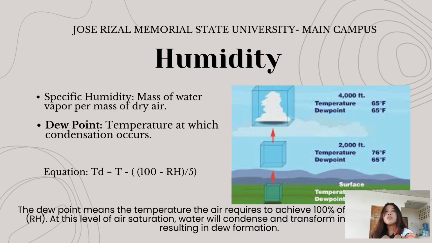The dew point is the temperature at which air becomes saturated and water condenses to form dew. So you have the formula T sub D is equal to T, or temperature, minus (100 minus RH) over 5, where RH is relative humidity.